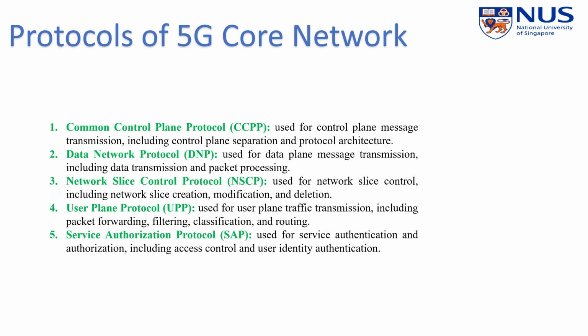The next one would be the user plane protocol, which is used for the user plane traffic transmission, including the packet forwarding, filtering, classification, and routing. The last one would be the service authorization protocol, and this is used for the users' access control and identification.